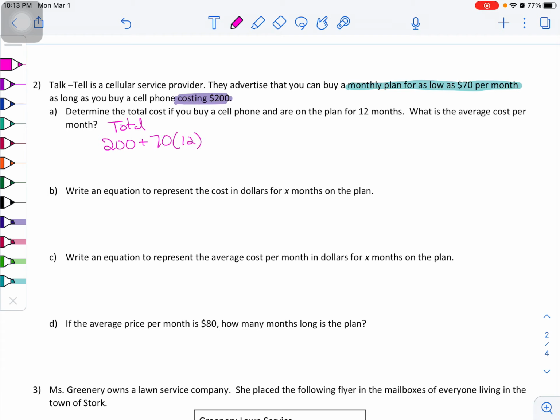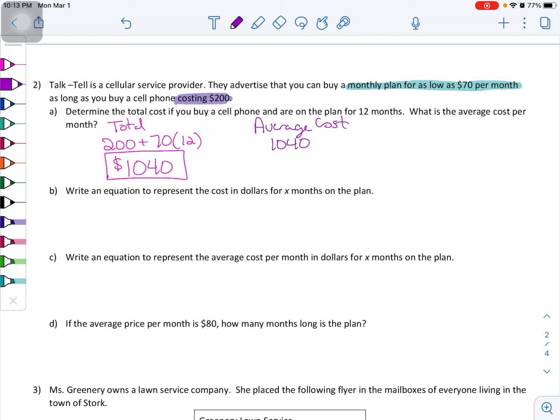If you buy a cell phone, so that's $200 for the cell phone, plus you're going to be on the plan for 12 months. So $70 per month, so times 12. So 200 plus 70 times 12 is going to be a total cost of $1,040.